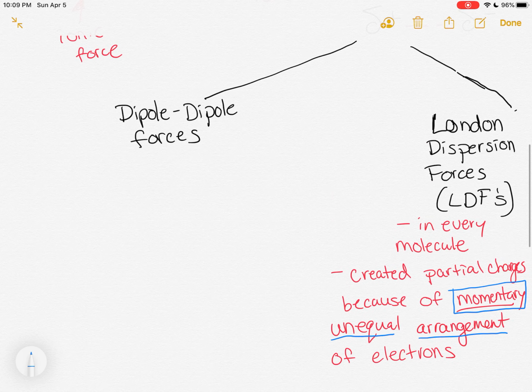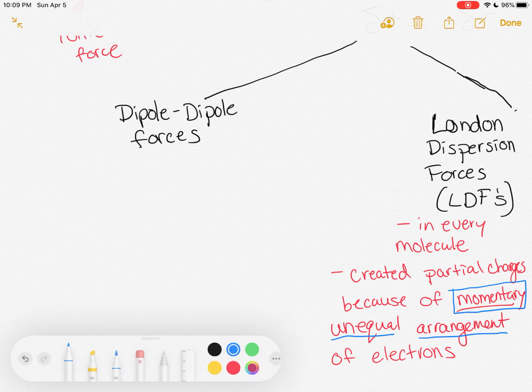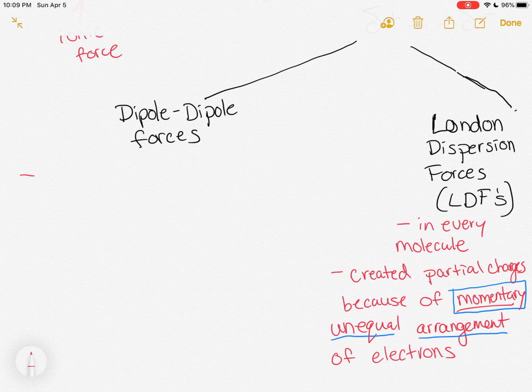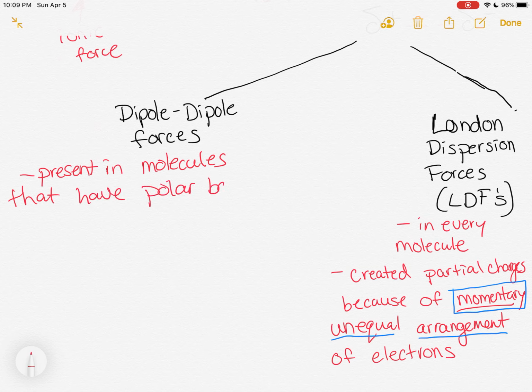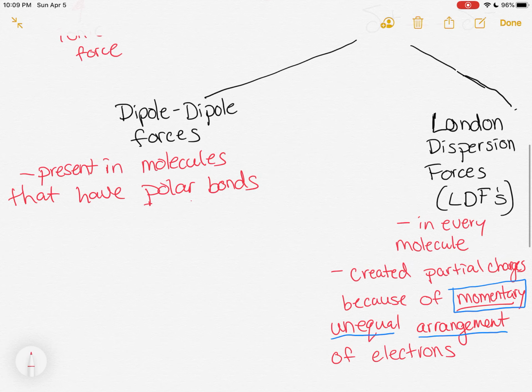All right, now if we go back up to dipole-dipole forces. Dipole-dipole forces are present in molecules that have polar bonds. So in order to have a dipole-dipole force, we need to have a polar bond, okay?